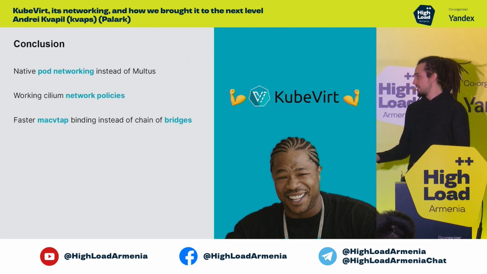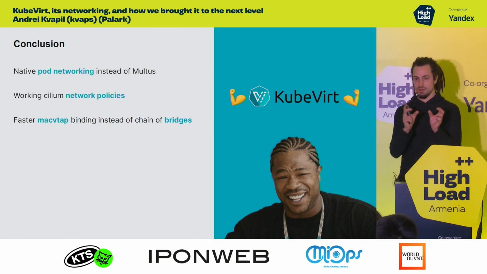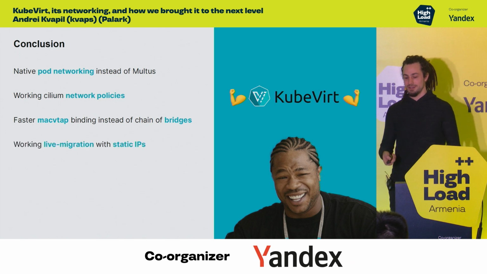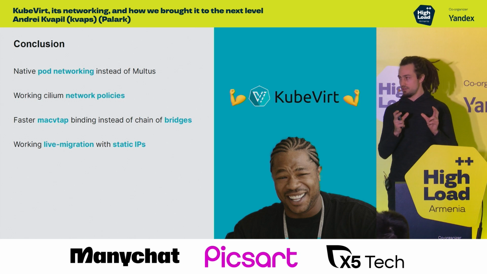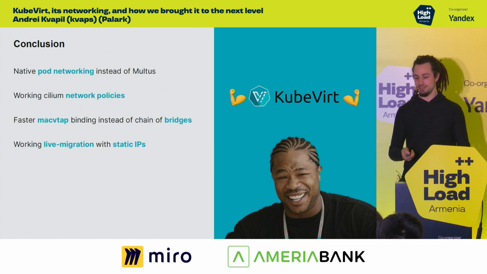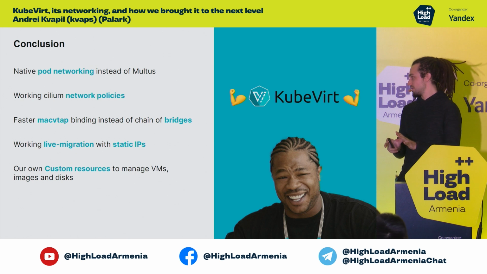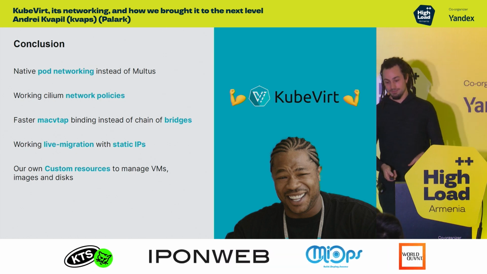And we have the fastest binding, macvtap, instead of this big and ugly chain of bridges. We have working live migration, and when a virtual machine is live migrating, it's not changing the IP address. And for managing all of this, we have specific custom resources for managing the virtual machines, images, and disks.